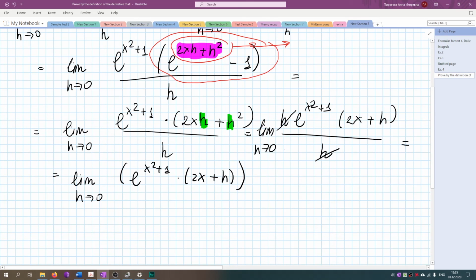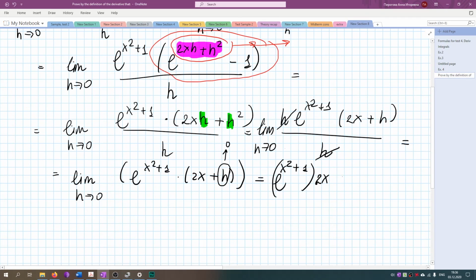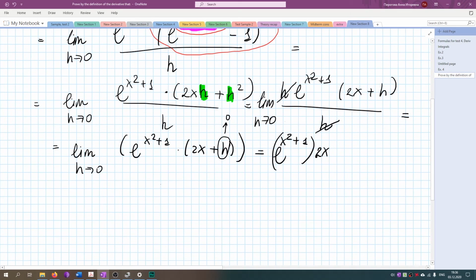So we know that h is close to 0, and that is why our limit will be equal to e to the power of x squared plus 1, and here we will just write 2x.